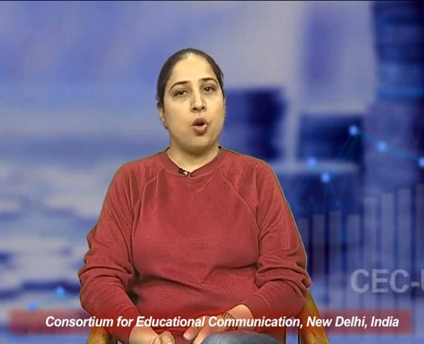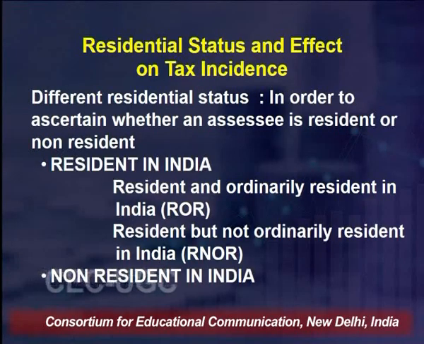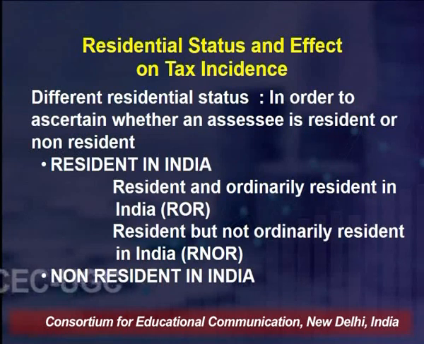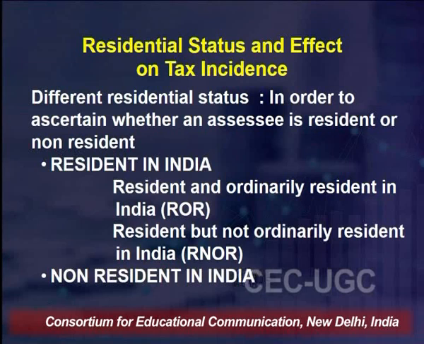Coming to the first category, the individual. In order to assess whether an assessee is a resident or a non-resident, we have different classifications. We actually have two major classifications: either a person will be a resident in India or he will be a non-resident in India.